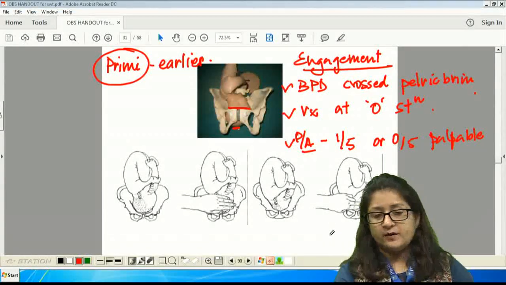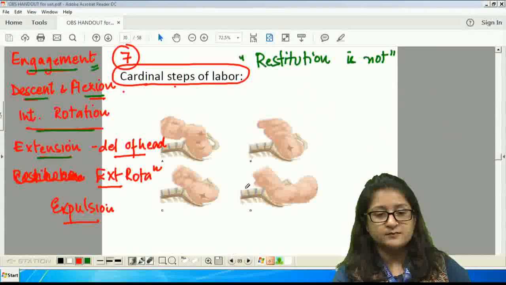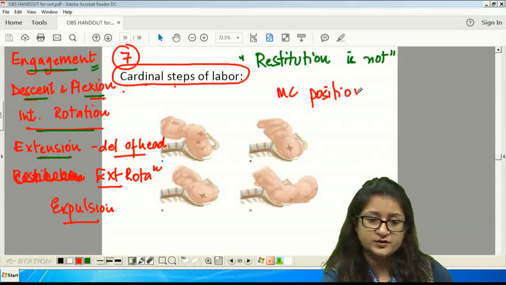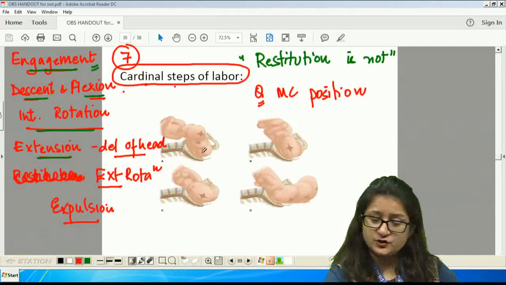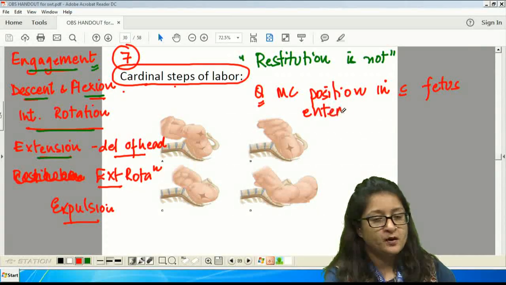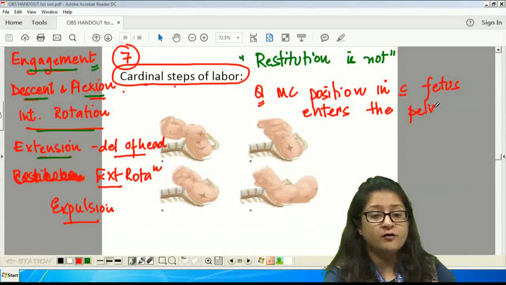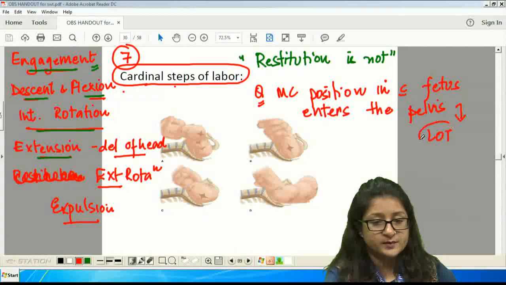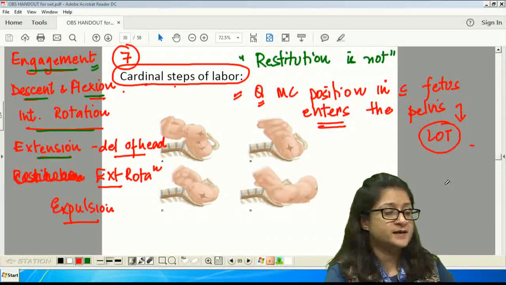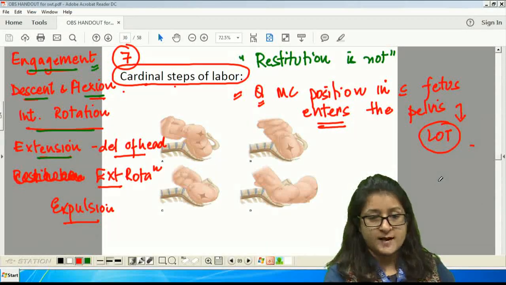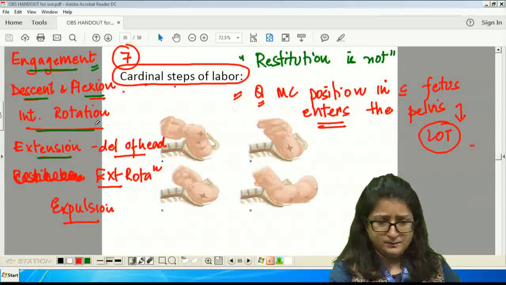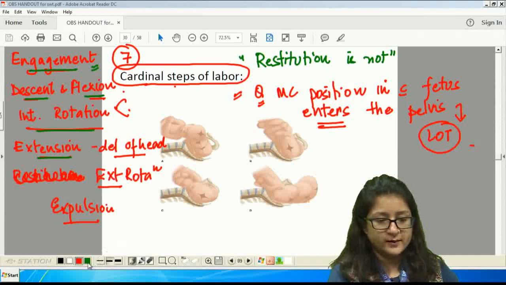Also, the most common position in which the fetus enters the pelvis, that means in the beginning of labor, is left occipitotransverse.